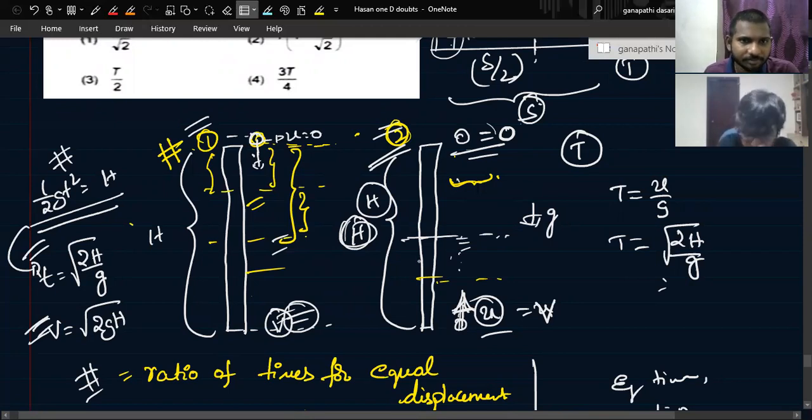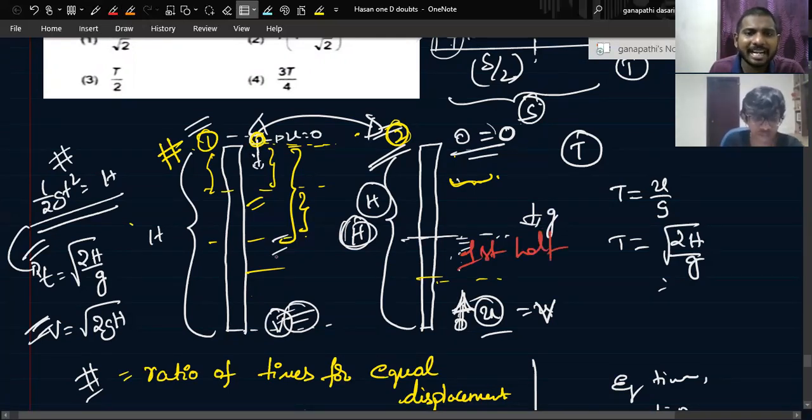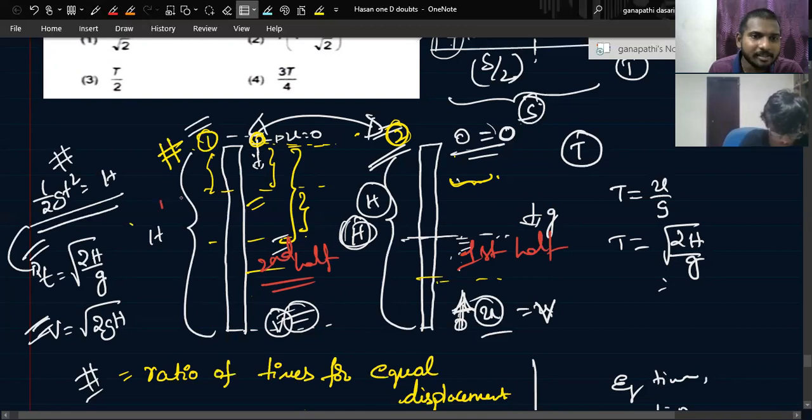Are both motions reverse motions? So can we say the first half in this question, the first half in the second part is nothing but the second half in the first part? So equal h/2. That means nothing but equal displacements, or not?